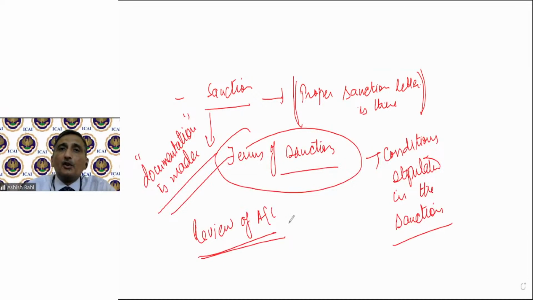say you would go to the master data of that customer, and you would see that the interest rate which was stipulated in the sanction letter is correctly fed in the master data.